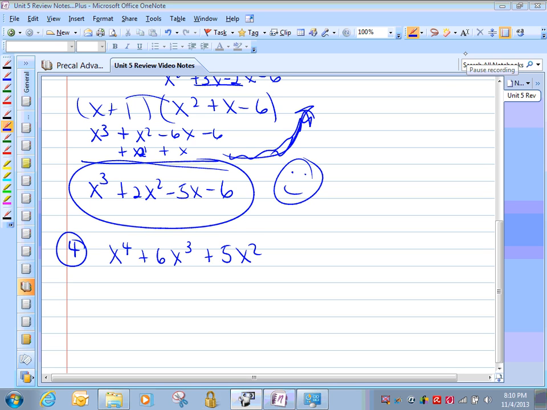All right, for number 4, we're asked to find all the real zeros of the polynomial and determine the multiplicity of each. Okay, we're going to look first. Remember, there are several things that we need to do when we're trying to find zeros of polynomials. There are processes we need to go through. First, you always want to look for GCF. After you GCF, if you have 4 terms, you want to try to maybe factor by grouping.